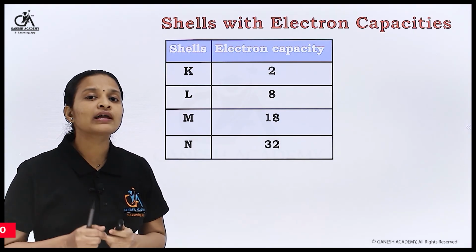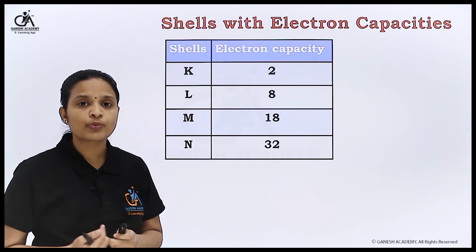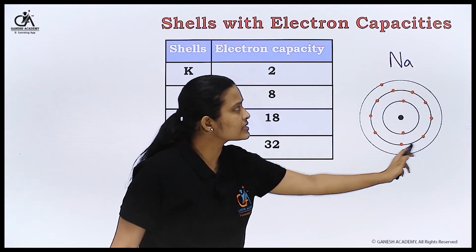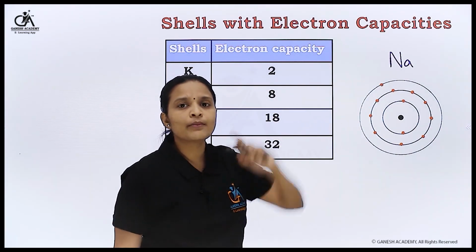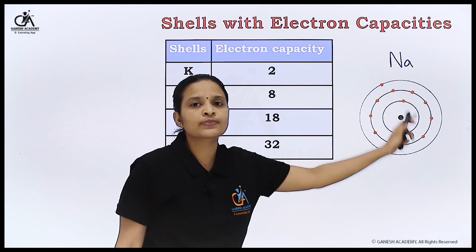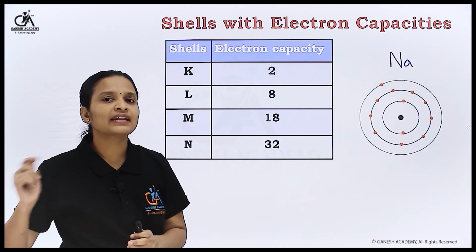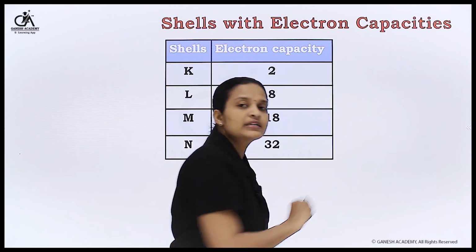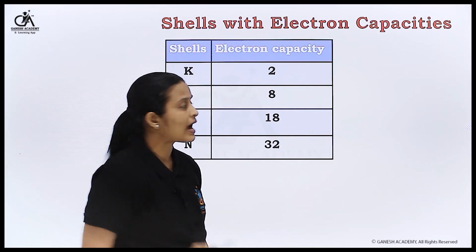With the help of one diagram, I will explain this point. Here is the structure of a sodium atom, and in it I have shown the number of electrons present in the first, second and third shell. In the middle is the nucleus of the sodium atom.